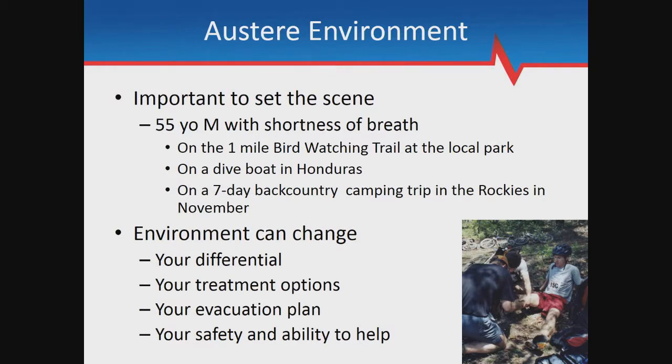But if they are on a 1-mile bird watching trail at the local park, versus on a dive boat in Honduras, or on a 7-day backcountry camping trip, maybe at altitude in November, it expands your differential, maybe changes your treatment options, how you're going to evacuate these people, how you're going to get help to them, and maybe even your willingness and ability to help. So environment can change many different things.